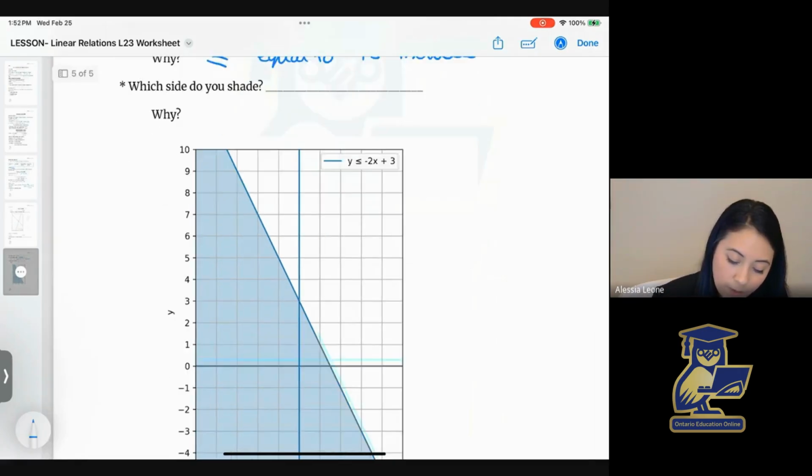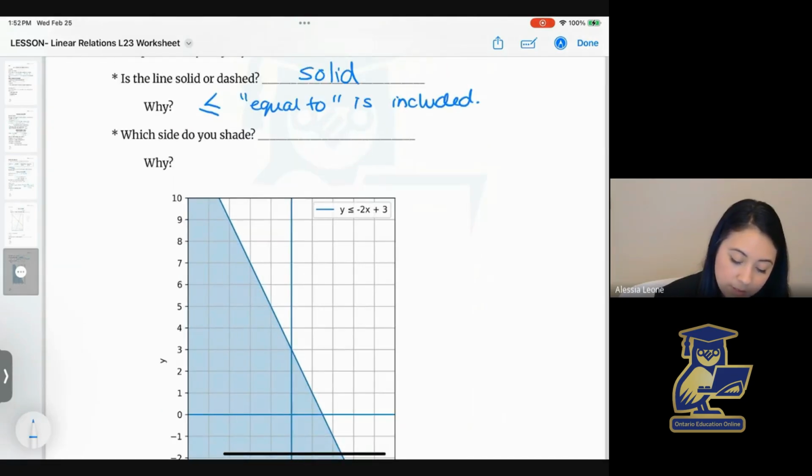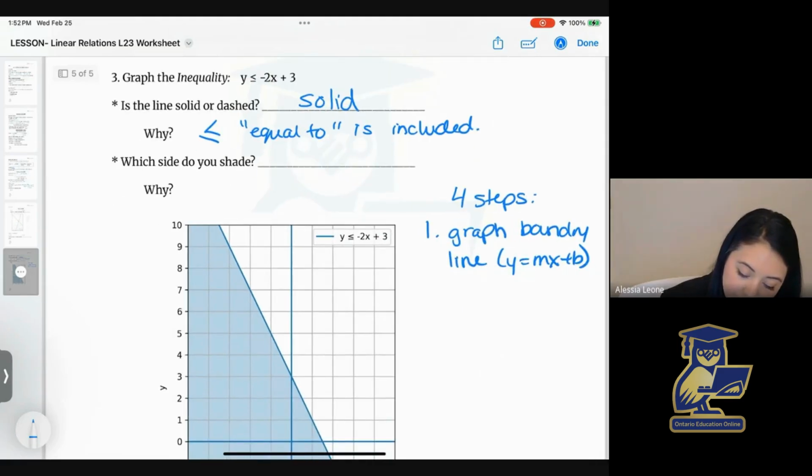Now, down here, it's showing us the answer. But over here on this side, I just want to make some notes. Whenever we look at the inequality, we always have to think about the 4 steps. Step number 1 is to graph the boundary line in this format.